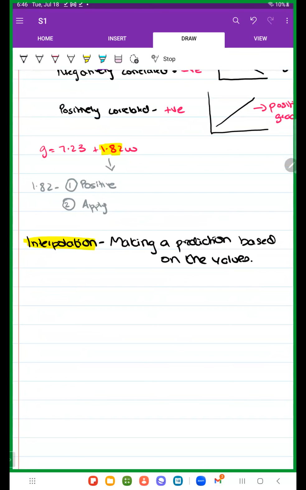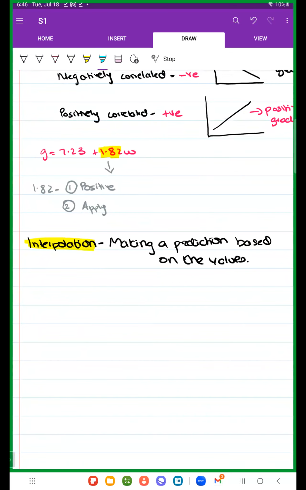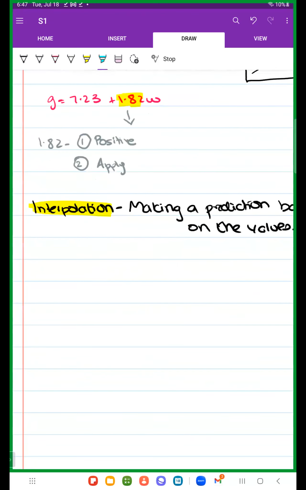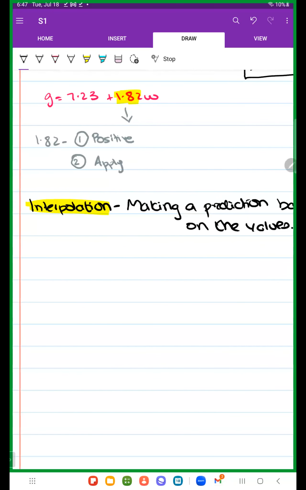So what does this prediction mean? When I plot the scatter diagram, I plot it based on the existing values. From those existing values, for example, I determine that right now the current relationship is a strong positive correlation between the variables.